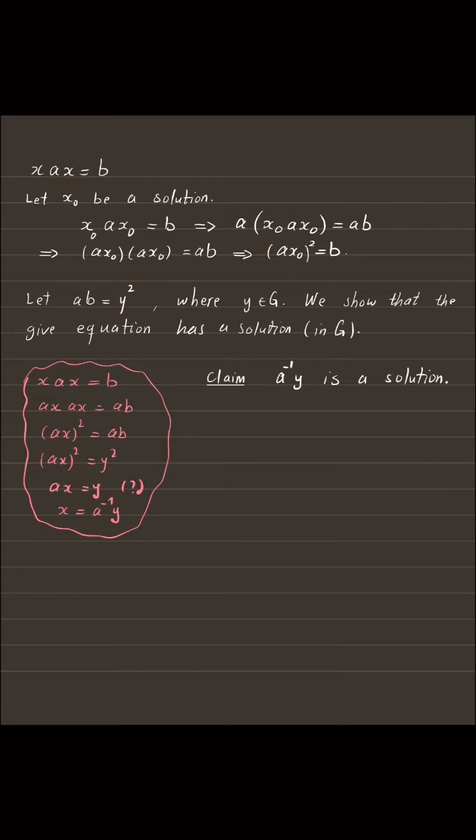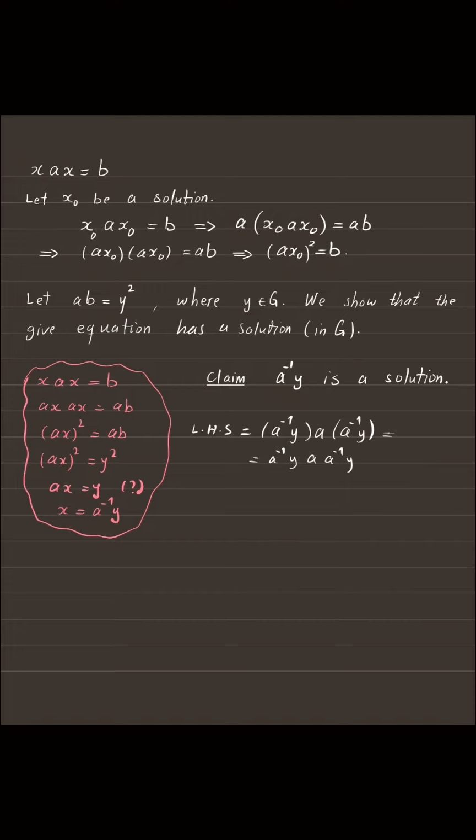So the left hand side becomes, instead of x here and there, I put a inverse y, so it becomes a inverse y multiplied by a multiplied by a inverse y. On the right hand side I will continue to reach b. That is easy because it is associative, so in principle I really don't need to put any pairs of brackets, so I will continue a inverse y a a inverse y.